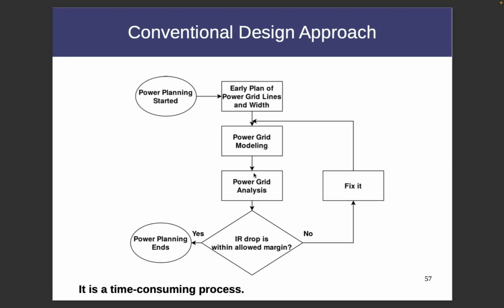Then we do power grid analysis to find which areas of the circuit are affected, what voltage each area is getting, and where the IR drop is happening. Then we try to fix those IR drops, and until the IR drop is within the allowed limit, we iteratively keep doing this power grid fixing. When all the IR drop margins are within the allowed limit, we say that we have the power grid design.